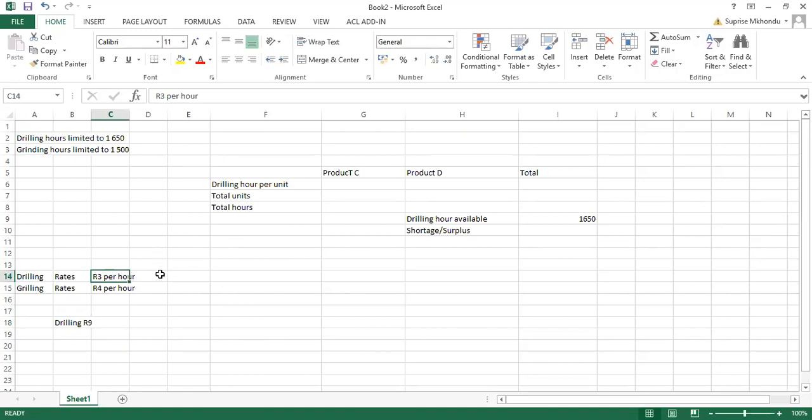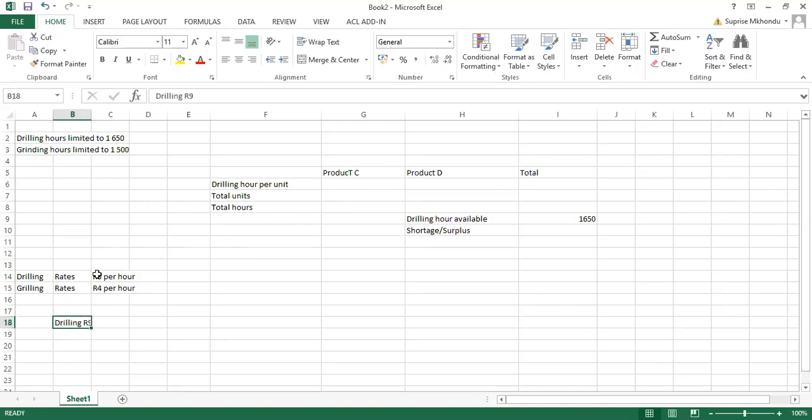Guys, remember, they didn't give us hours. Actually, we must calculate the hours, but they give us the rate. In terms of money, 1 hour is 3 rands for drilling. And then in product C, it takes 9 rands of drilling per 1 unit.